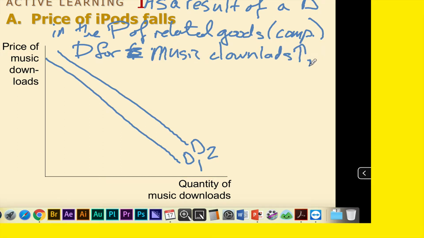What do we always have to add to the end? Funny words. Go Latin on me. Come on. Ceteris paribus. Ceteris paribus. All other things being equal.